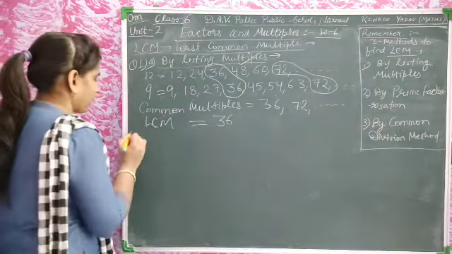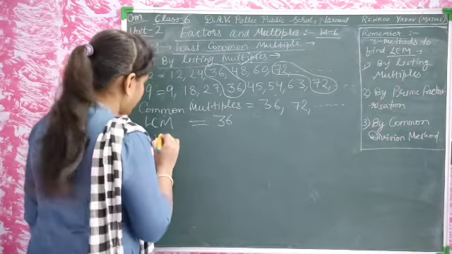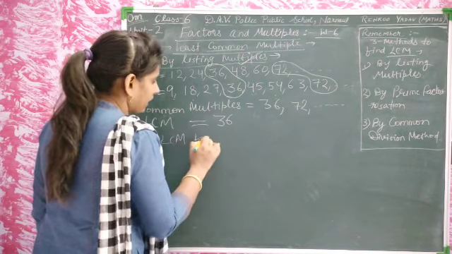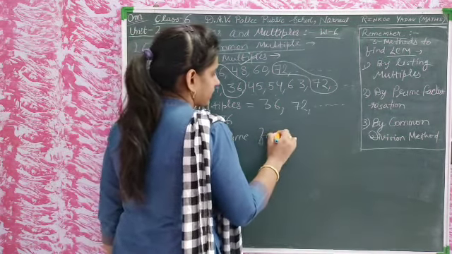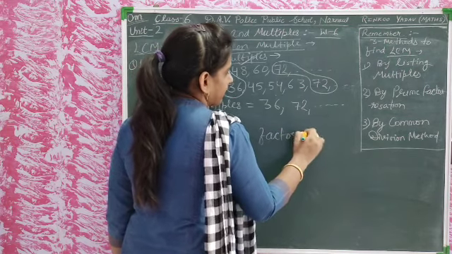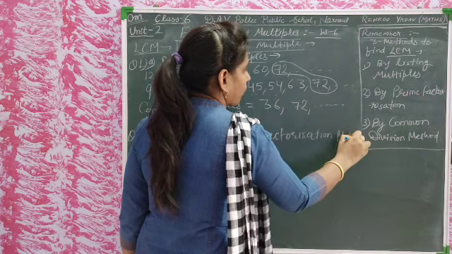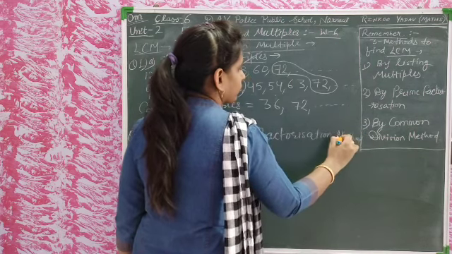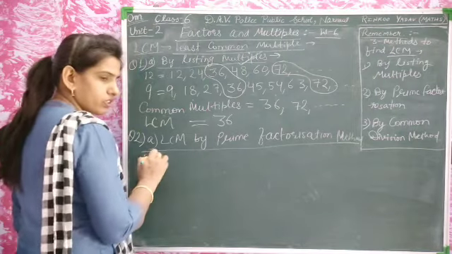Okay students, now I will do question number 2, part A, that is LCM by prime factorization. You have already done this method in the previous class, so I will not do all the parts of this question. You will do them yourself. I will do one question.